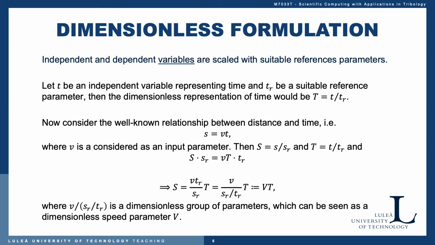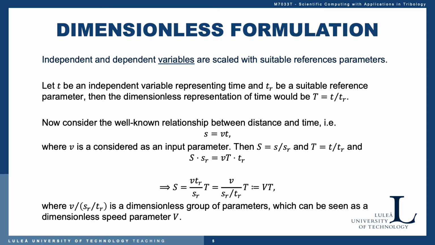This means that we can substitute these expressions into our model of how distance varies with time, and by this we can obtain, as you see in the equation below, an expression for the dimensionless distance in terms of what we have defined to be a dimensionless velocity and the dimensionless time.